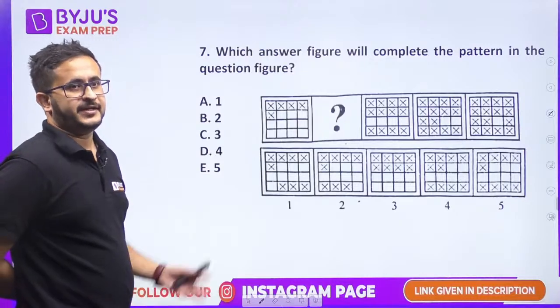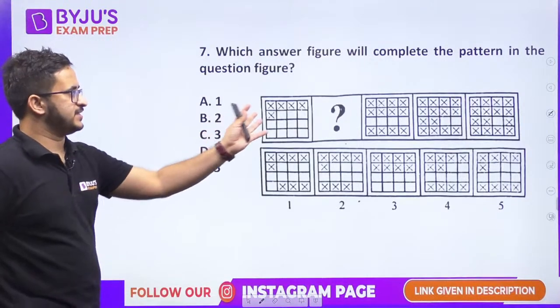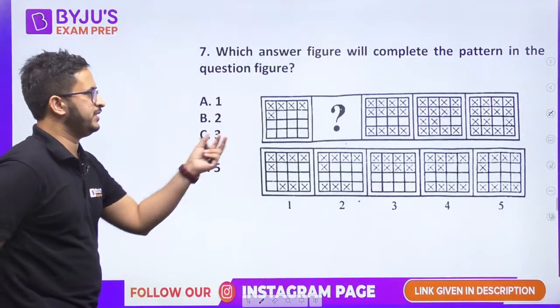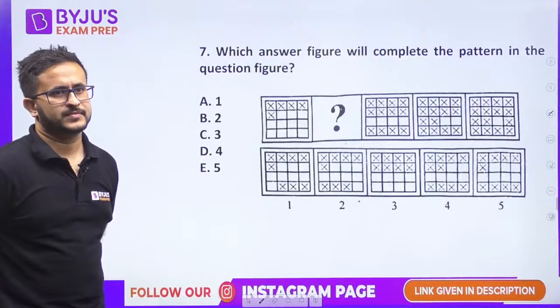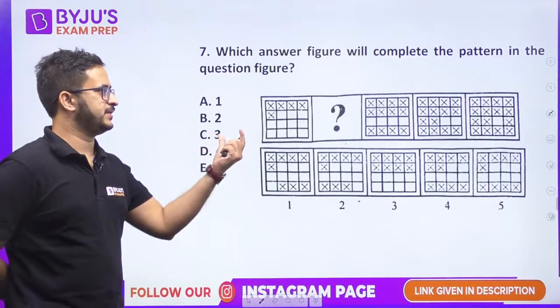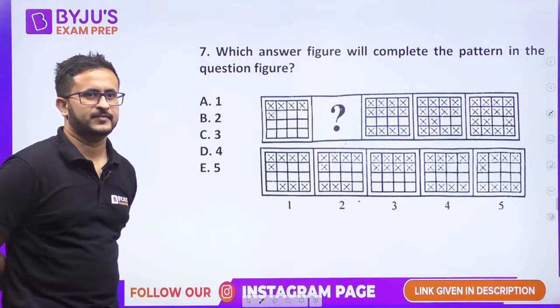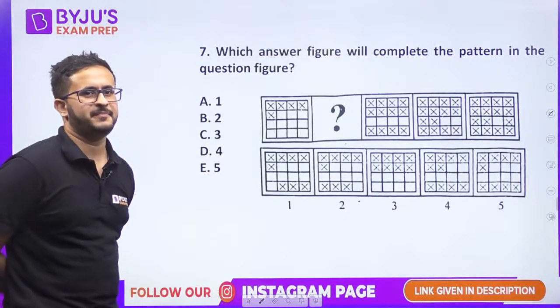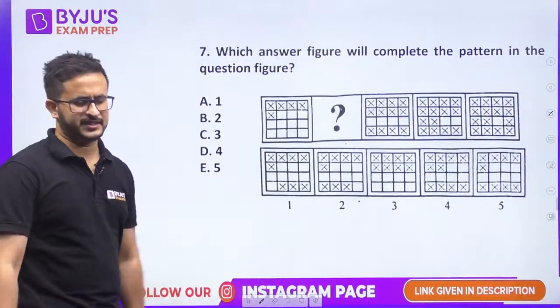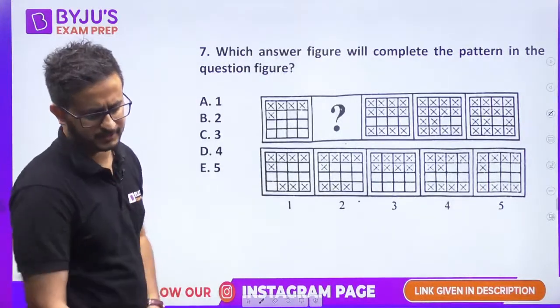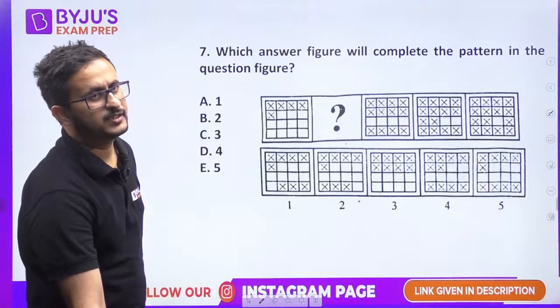Alright, now this is pattern completion. Or rather, there is a series given to us, and we have to fill in what will come in this place. A series of 5 images, one term is missing. Instead of a number series you have an image series. So that is another variety of question, a series question, very popular in abstract reasoning.